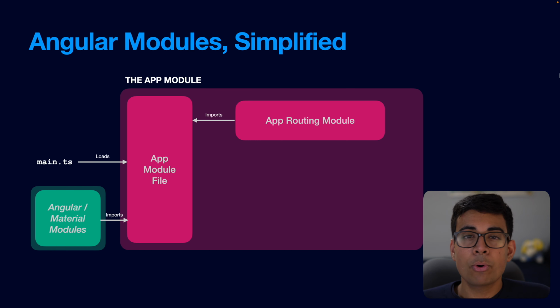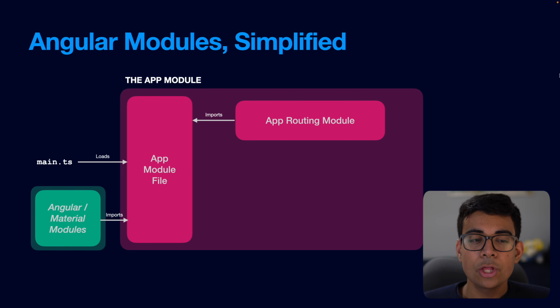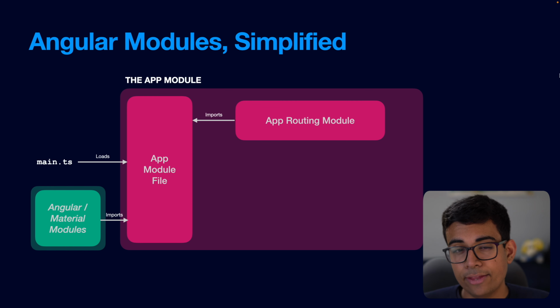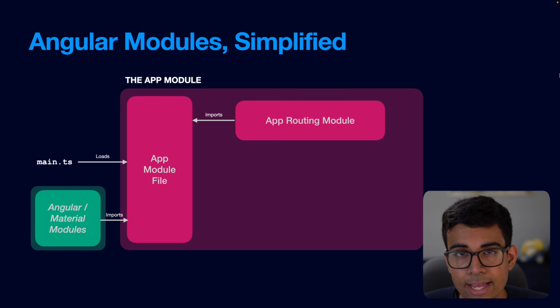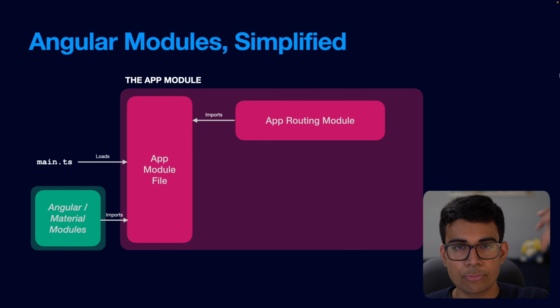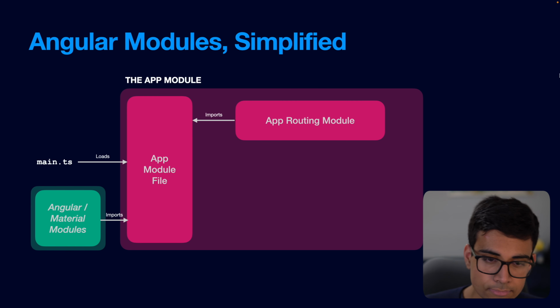So by importing the app routing module into our app module, it basically means that when we load up our app module from main.ts, our app routing module is also there and is also able to be used. And when that is imported and loaded, when our main.ts file is accessed, that means that the routes that are being provided by the user into the routing system can then be connected to the correct component.